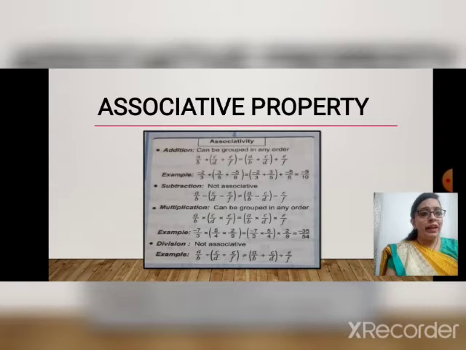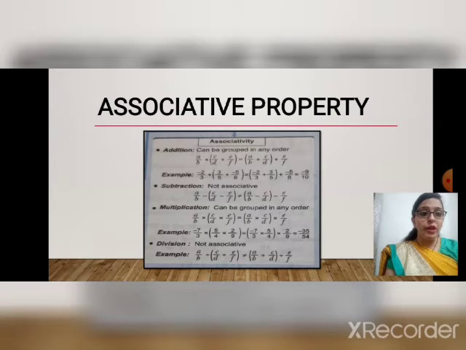In the associative property, there are two hands, LHS and RHS. When both are equal, on the right hand side we can take another order: a upon b plus c upon d in the bracket and e upon f outside the bracket. When we are adding, we first solve the bracket, as we learned in BODMAS.